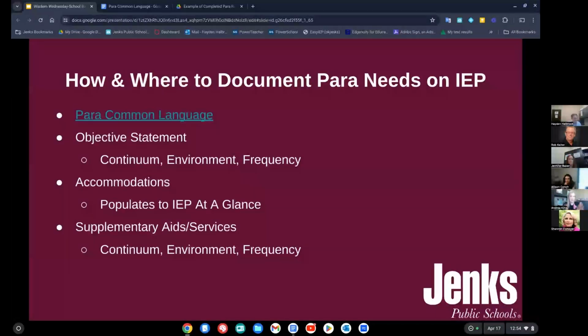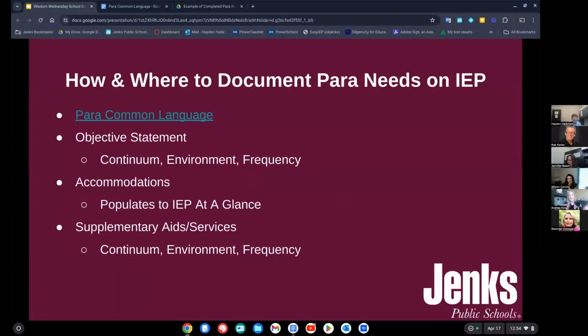And again, those are on the para common language document that you all just saw. And we also asked teams to put it on the accommodations, and you can mark other. There's like 3 other options that you can use. And we asked for teams to document on the accommodations.